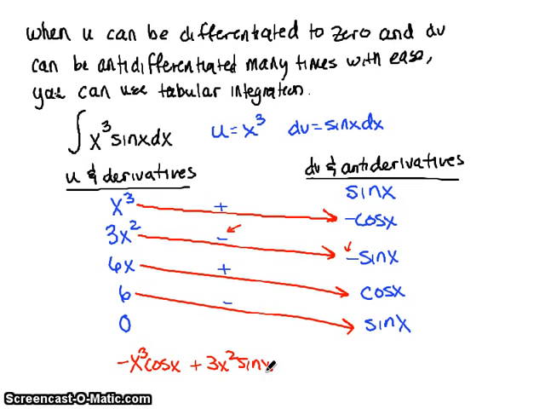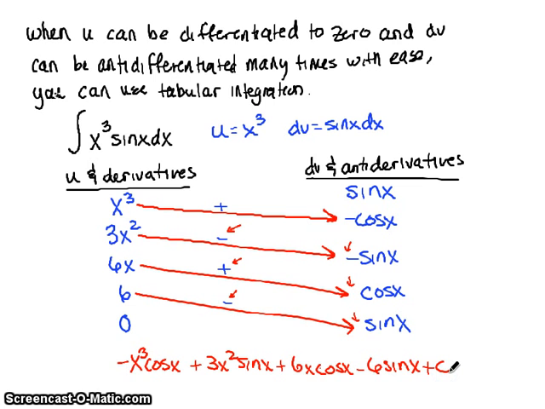Then we have a positive with a positive cosine, so we're going to say plus 6x cosine x. And on the last one we have a negative sign, so we're going to say negative 6 sine of x. And then the last thing we need to do is put our plus c.